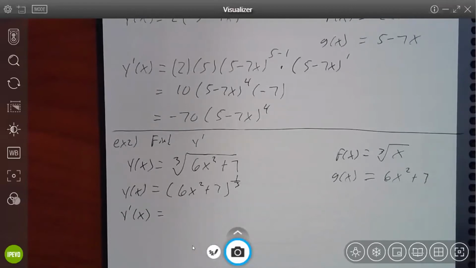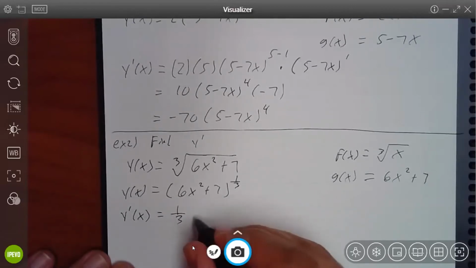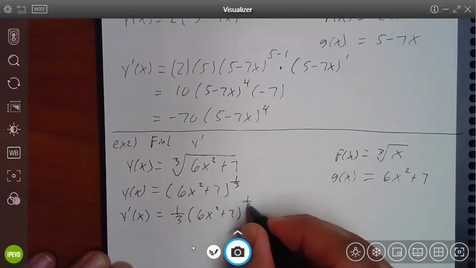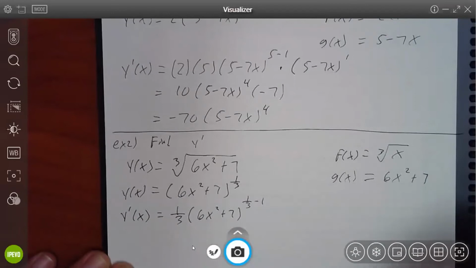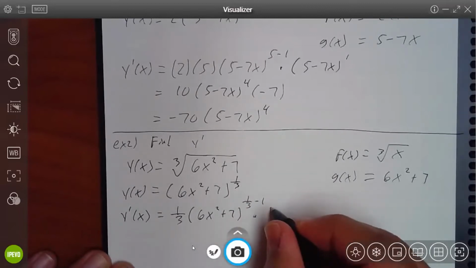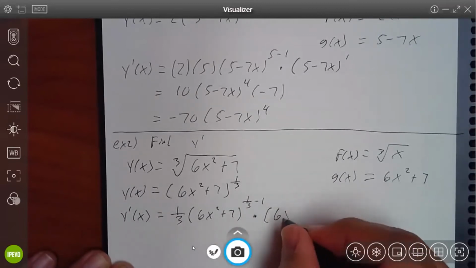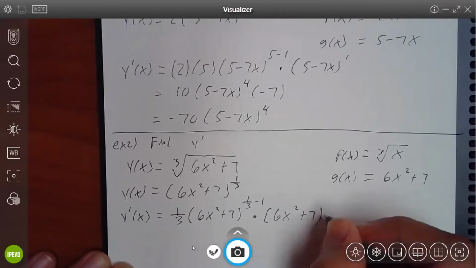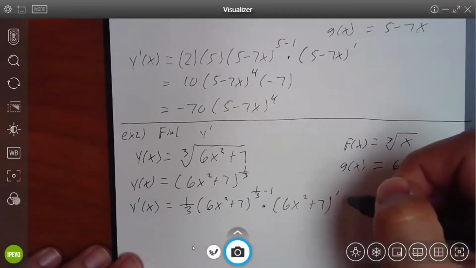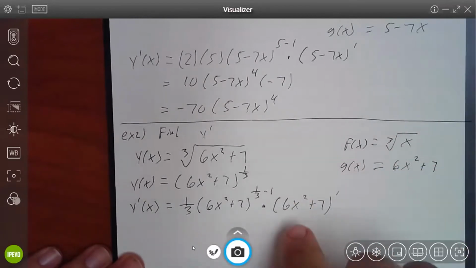So do the outside first. Subtract by 1. So this is just a basic power rule. Power rule for the outer function. And then times the derivative of the inside. So I'm not doing it all at once. I'm just showing you the quote, meaning the derivative of the inner part.